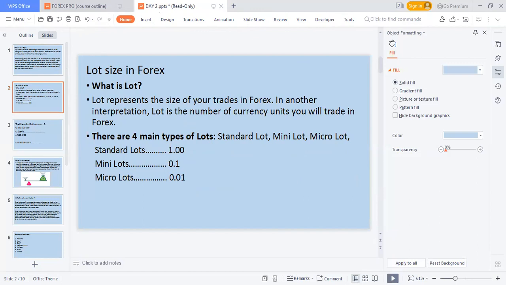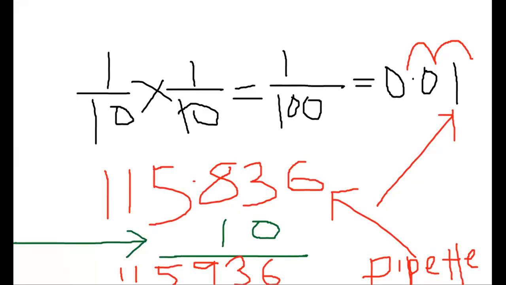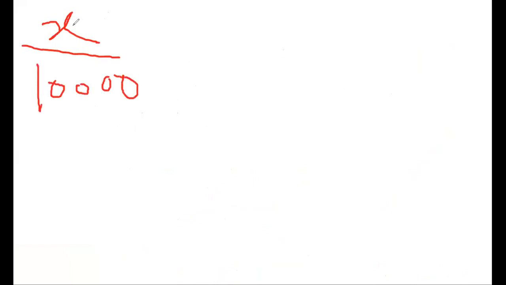Now let's say Mr. Tunde has $100 to deposit. Before that, the simple formula is x over 10,000, where x is the value. What that means is, if Mr. Tunde has $100, then that is 100 divided by 10,000.